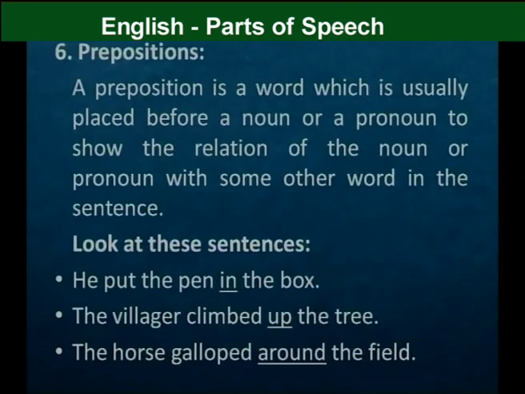Look at the second sentence. The villager climbed up the tree. Who climbed up the tree? The villager. What did he do? He climbed up the tree. So, up is the preposition used before the word tree and establishes a relationship between this tree and some other words in the sentence. What are the other words?